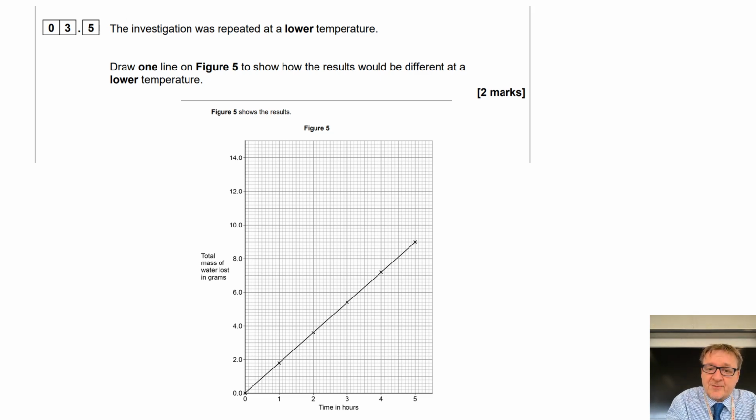I'm going to get my lovely straight ruler out, start at the same point because that's the time when it starts, and then draw a line lower, and stop it there, and that is a lovely straight line done with a ruler. That then answers that question.